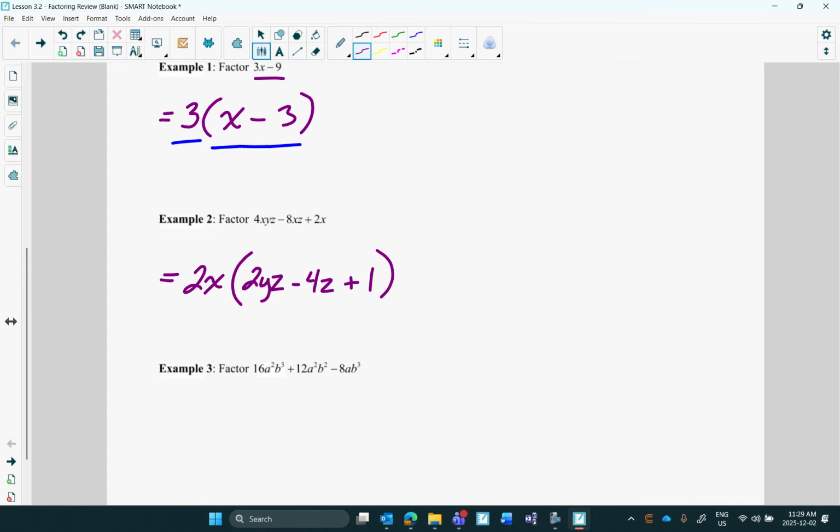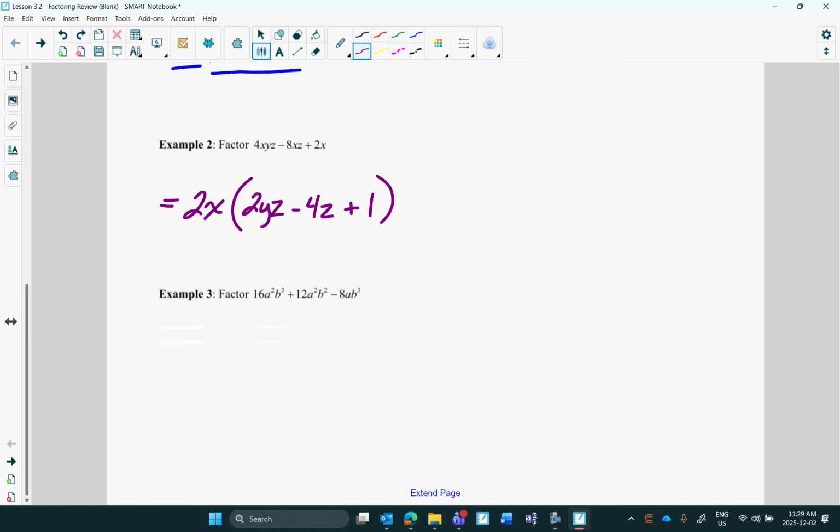Here I've got some exponents involved. What's the GCF of this one? 4ab squared. I can take 4 out of all the numbers. The most number of a's I can take out is 1, and the most number of b's I can take out is 2. That's my first factor. My other factor is when I divide.